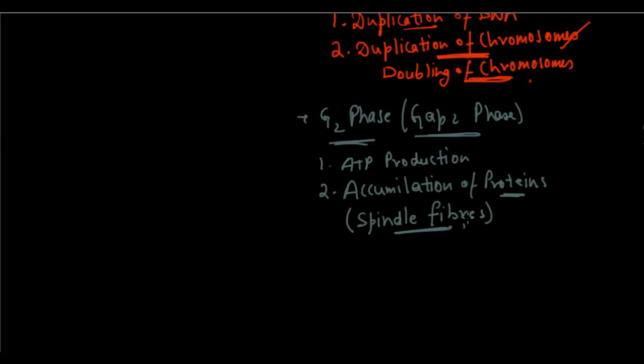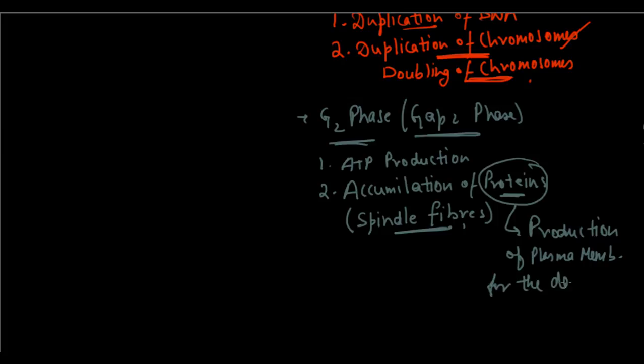These are proteins which involve the genetic spindles and the things in the plasma membrane. These proteins are synthesized for the production of the plasma membrane for the cell.